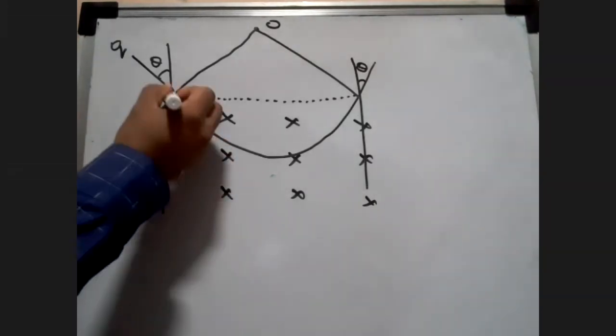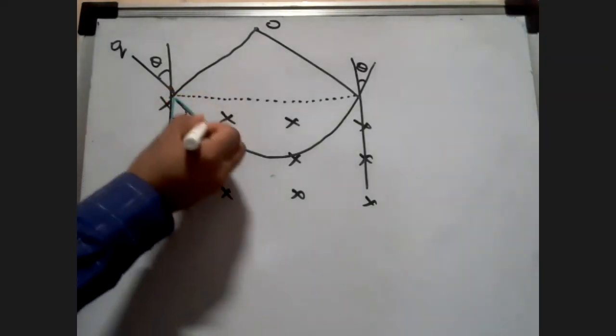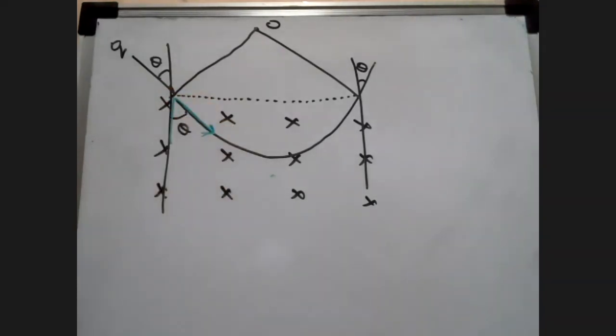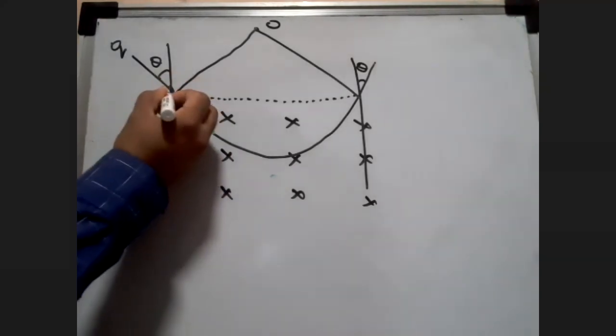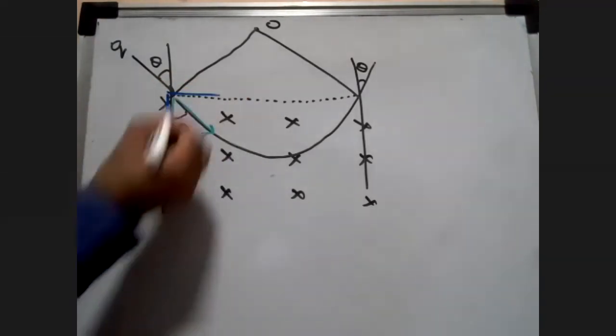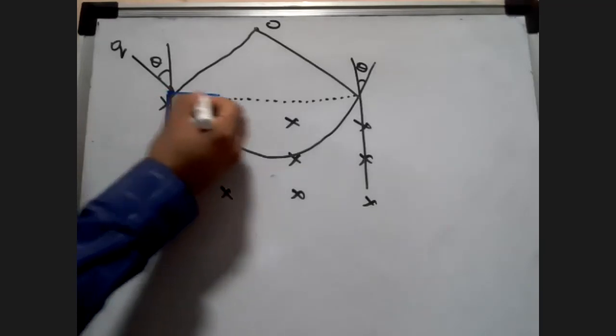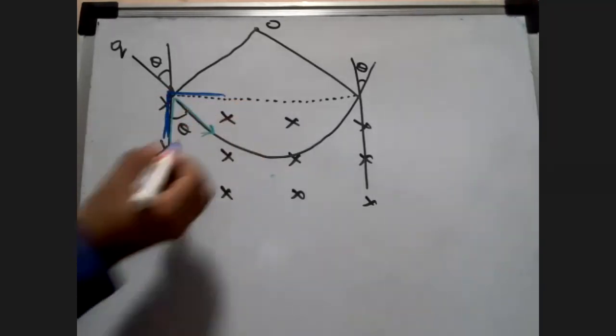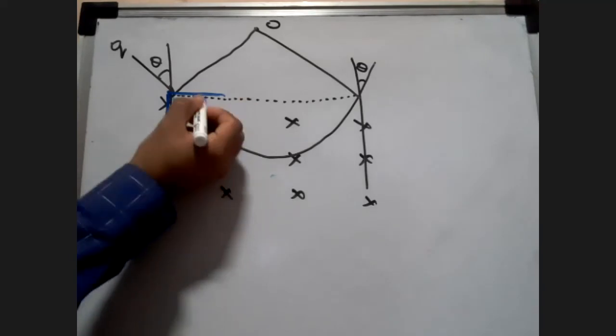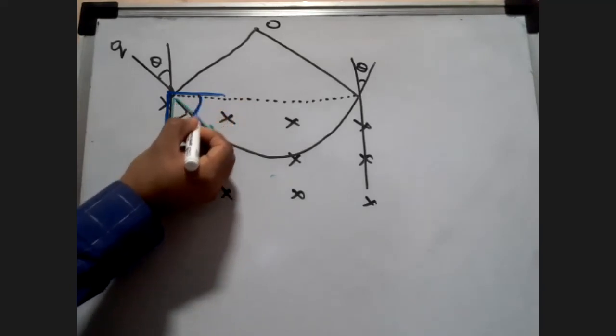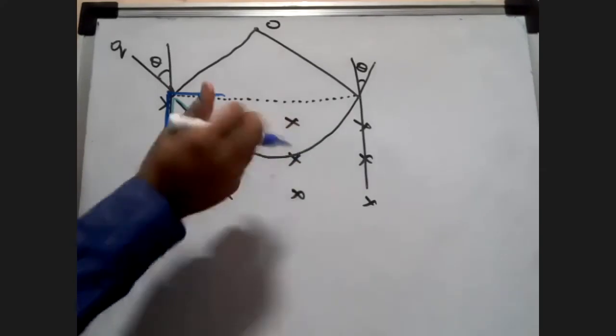So you can see if this is theta, students, but forget that, what will be this? What is this, students? Is this a right angle? Yes or no? 90 degrees? Yes, sir. And this is theta. So then what will be this? 90 minus theta.